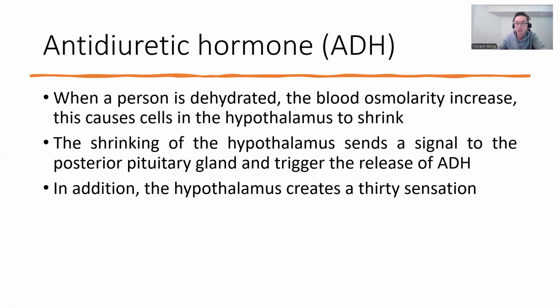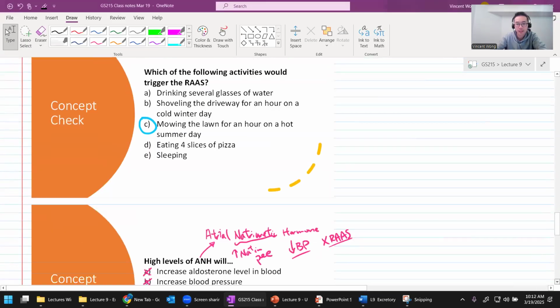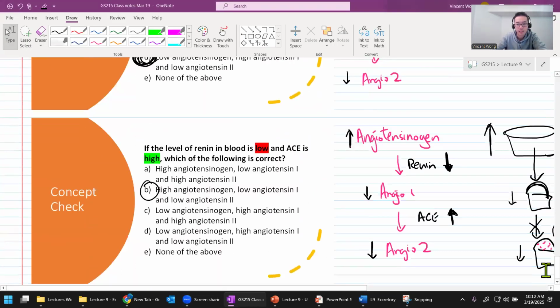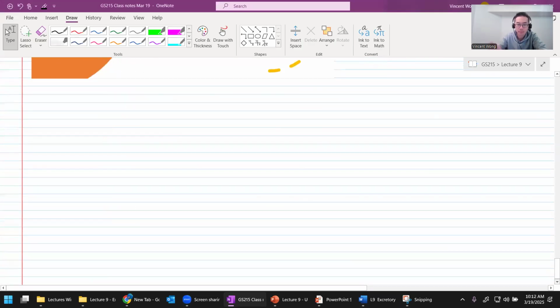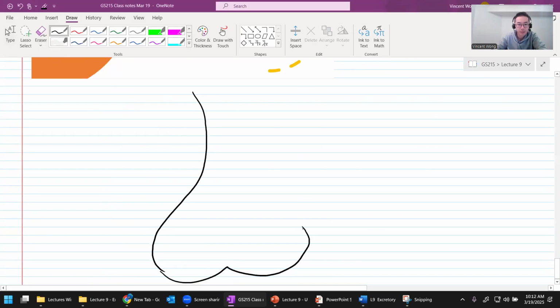Okay, we'll talk about this more later, but I can quickly show you a quick explanation. You don't really have to write this down. I'm going to repeat this so many times in the coming weeks that you will memorize it later. Okay, but basically it's like this. This is the hypothalamus.